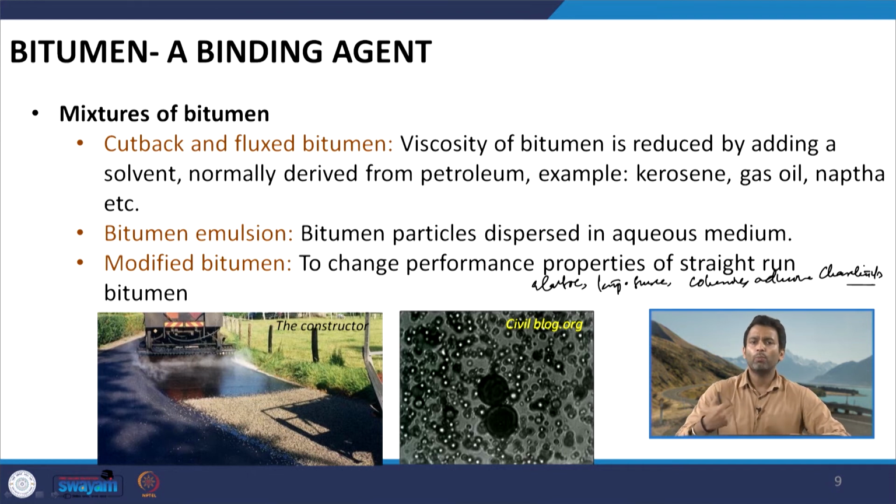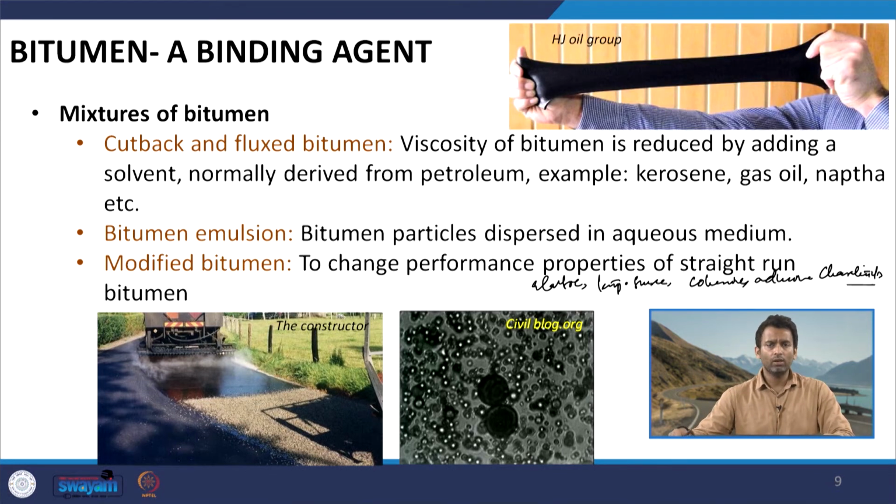A very popular example of modified bitumen is a polymer modified bitumen, where we add polymers to the base bitumen to enhance the rheological characteristic. When I say enhanced, different types of polymers contribute towards different forms of enhancement. Some polymers can significantly increase the elasticity of the base bitumen. You can see a typical example of a polymer modified bitumen, and you can see how significantly this bitumen can be stretched and the elastic properties are improved.